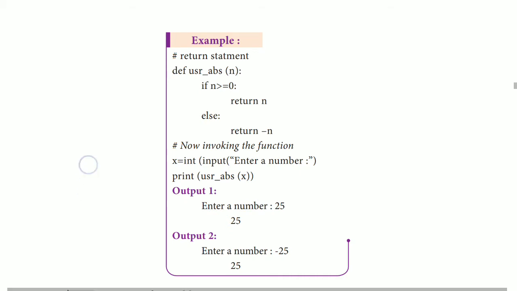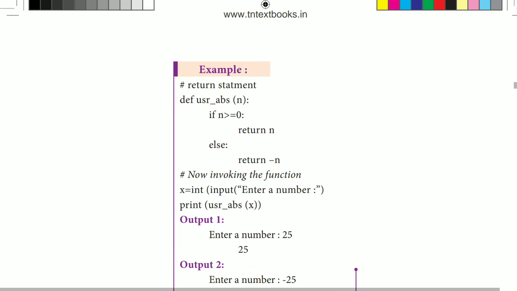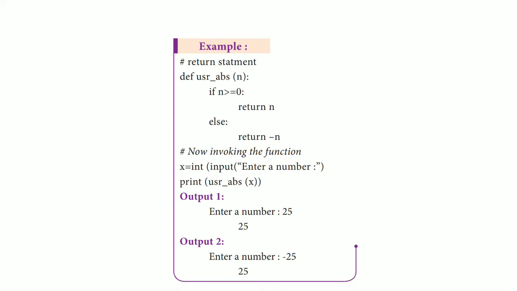So now you can see that it is called here: print usr_abs x. So now, when the compiler sees this statement inside the brackets, it will call the function usr_abs with the x value. So take the x value, for example, 25.